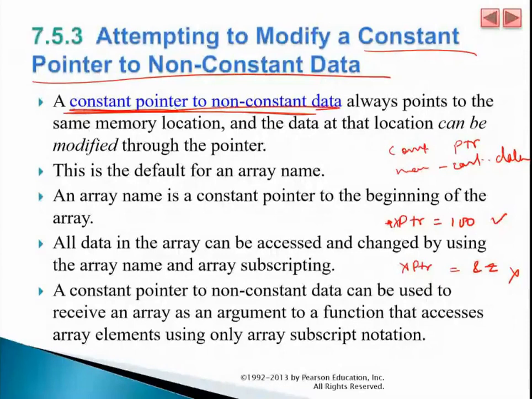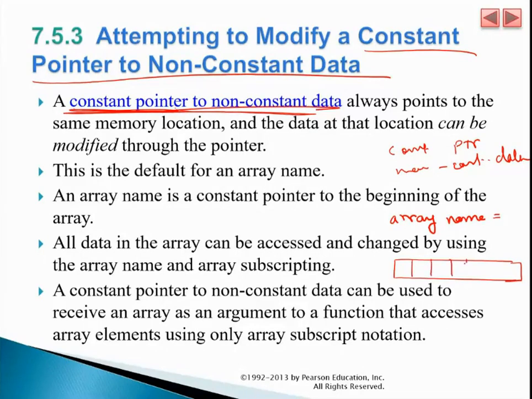So array name is a constant pointer. The function cannot change the array name. Okay, so what is array name actually? We have already seen that array name is nothing but the pointer, or the address, of the first location where the array starts storing.